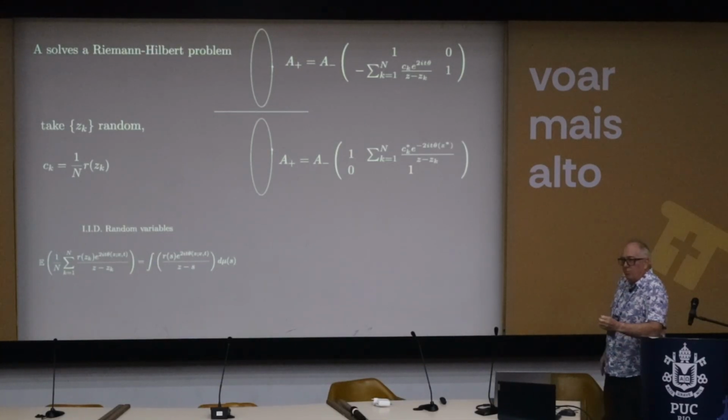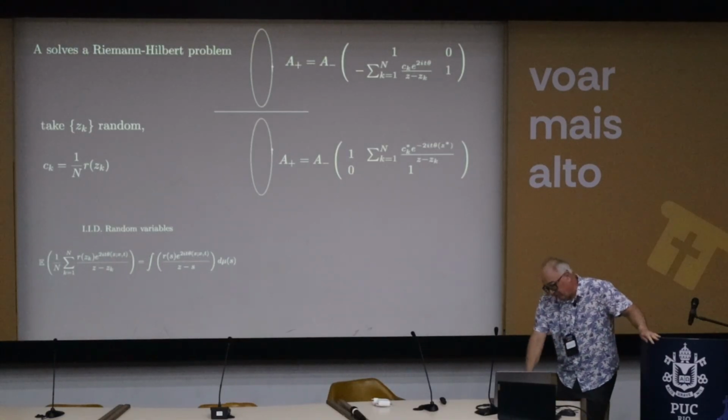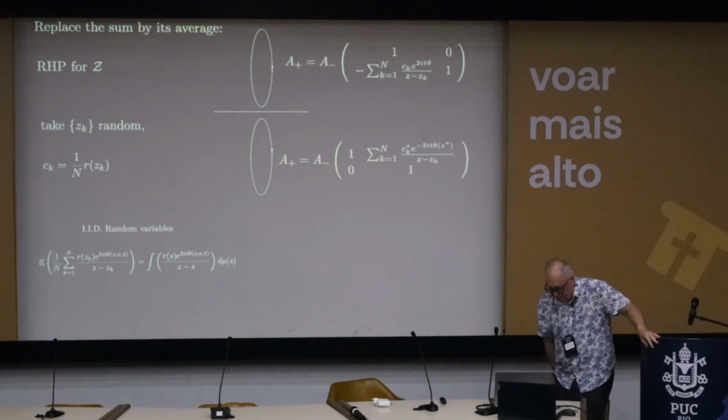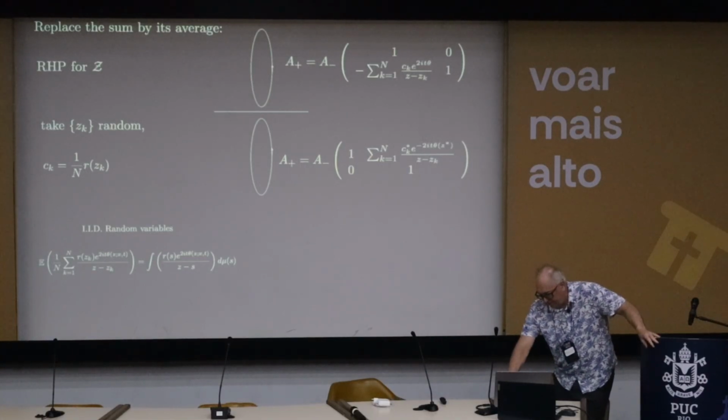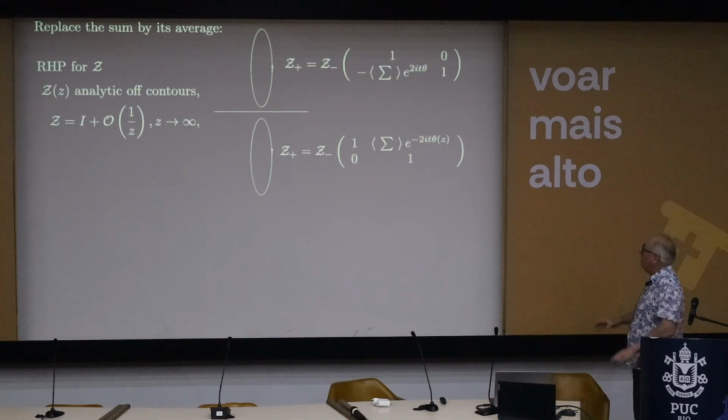So that immediately tells you what we ought to do: replace that sum by its average and study that new Riemann-Hilbert problem. Instead of A, I'm going to call it fancy Z, and that's the Riemann-Hilbert problem for fancy Z. The brackets mean I've averaged. But here's the strange thing. If I were to average the solution of the PDE, it does not solve the PDE anymore.